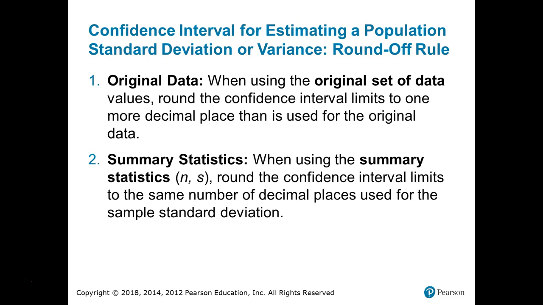So you always use 1 more decimal place than what your original data was measured to. If instead of a list of data values we know only the sample size and the sample standard deviation, we can round the confidence interval to the same number of decimal places.